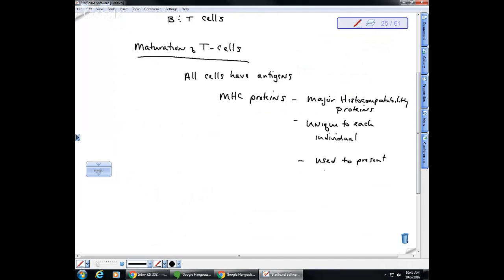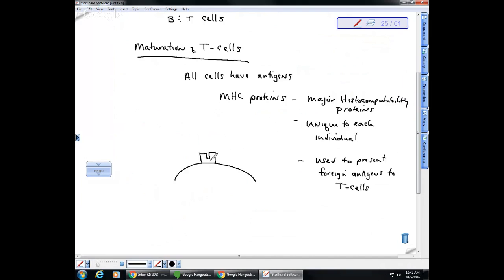Okay, so these MHC proteins are used, so here, I'll put this, they're used to present foreign antigens to T cells. So if I was to draw a picture of an MHC protein, here's the surface of my cell, here's my MHC protein. It has a little groove in it, right?